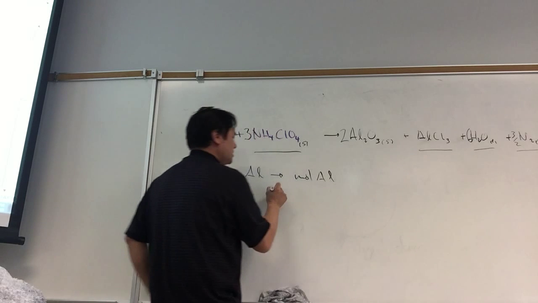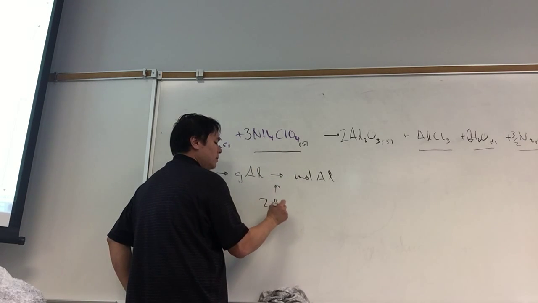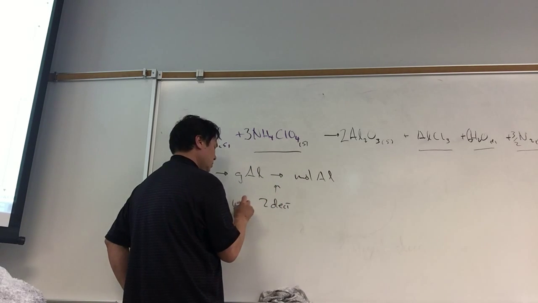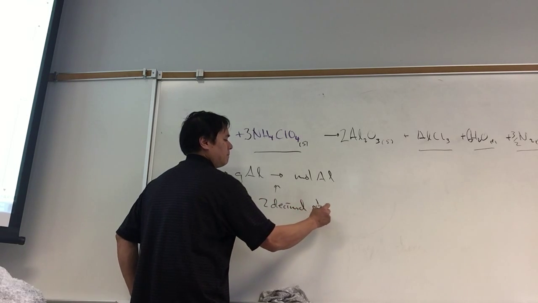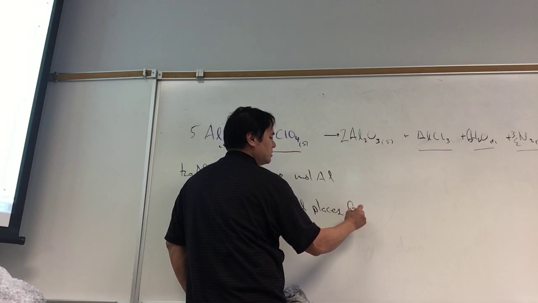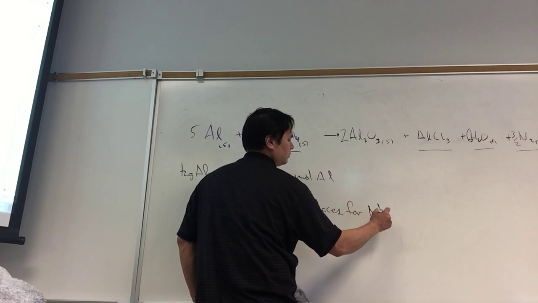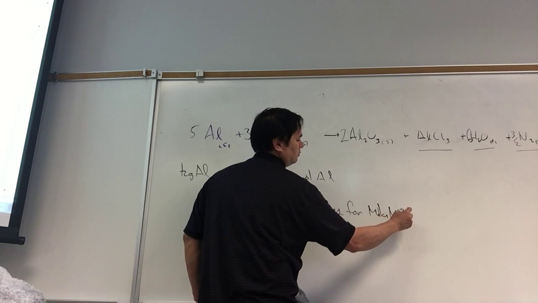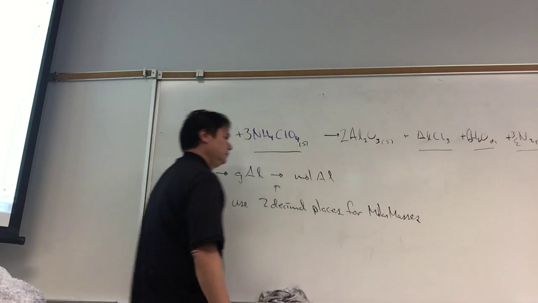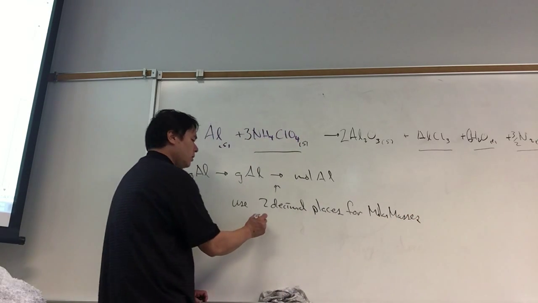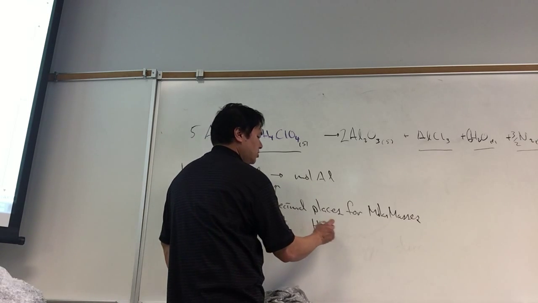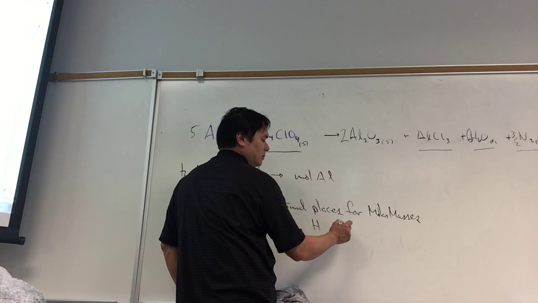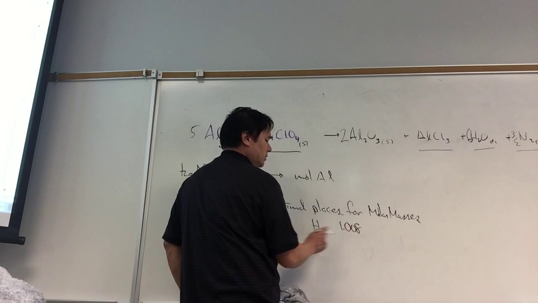When we use molar masses, we're going to use 2 decimal places for molar masses, except for atomic hydrogen, H. For H, we're going to use 3 decimal places, so we'll call it 1.008.